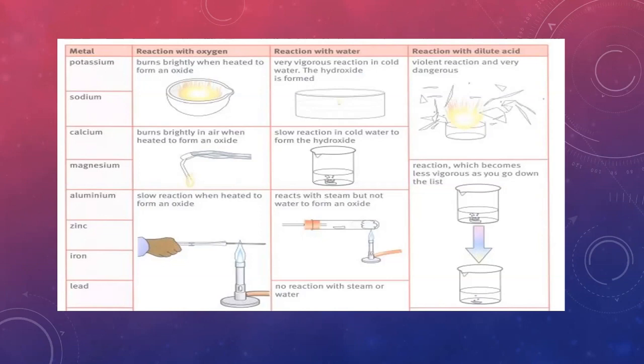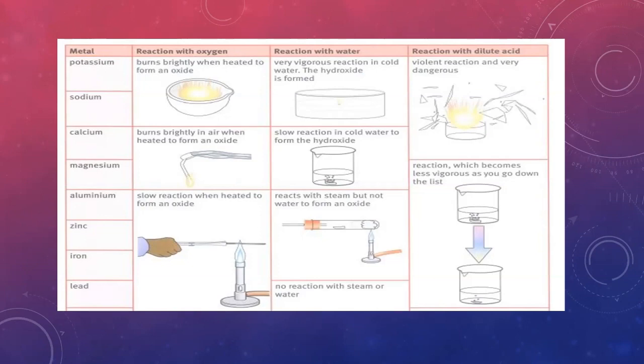If you look at the reaction with oxygen and make a comparison between the reactivity of these metals in the reactivity series, starting from potassium and reaching to lead, you will observe the strength of this reaction will decrease. Do you observe that?